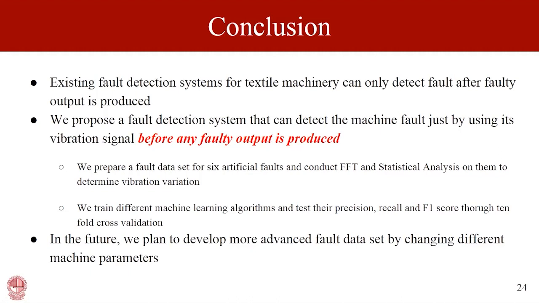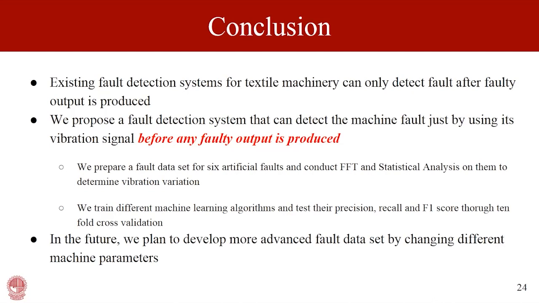And we can do that just by using the machine's vibration signal without any additional arrangement, just by using a simple accelerometer. As a result, there will be no loss of production, there will be no machine stoppage, and it will save cost and prevent the loss of profit.